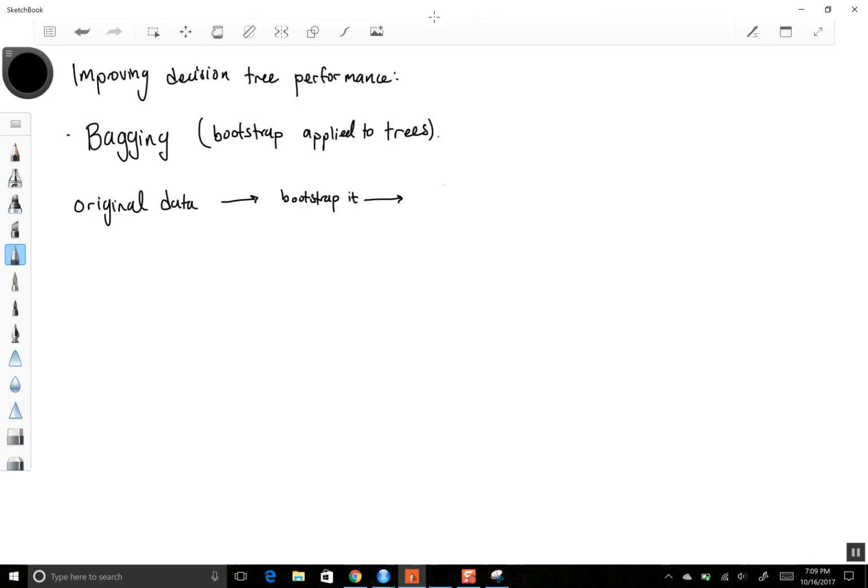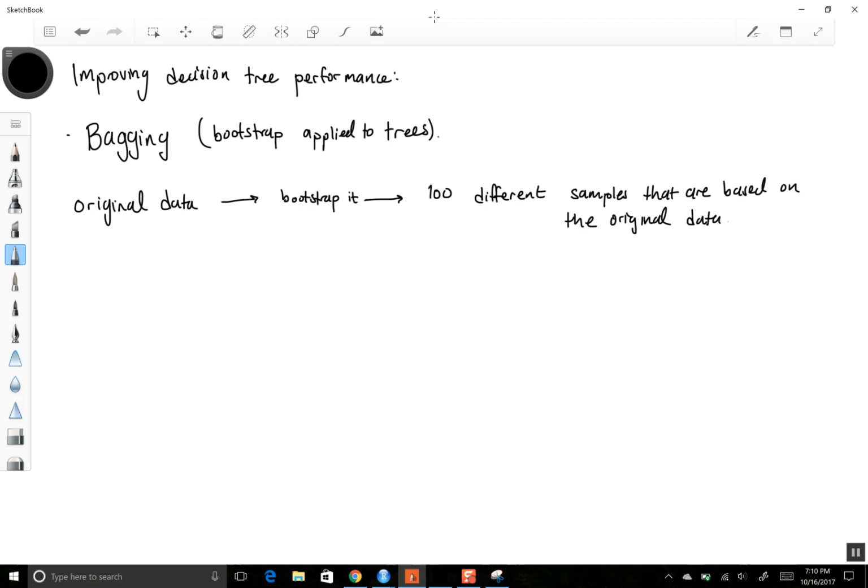Okay, so we bootstrap this. And then we might end up getting maybe 100 different samples that are at least based on the original data. Okay, so maybe this is bagging 100 trees, but you could do even more.